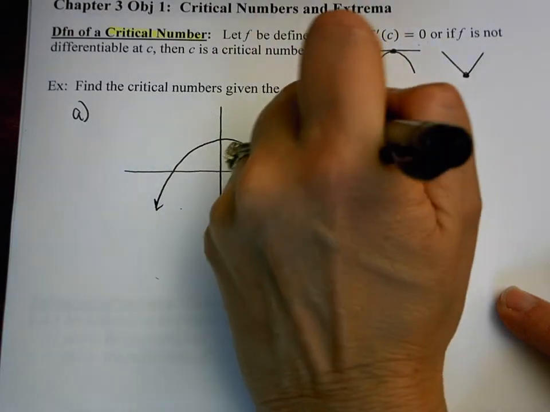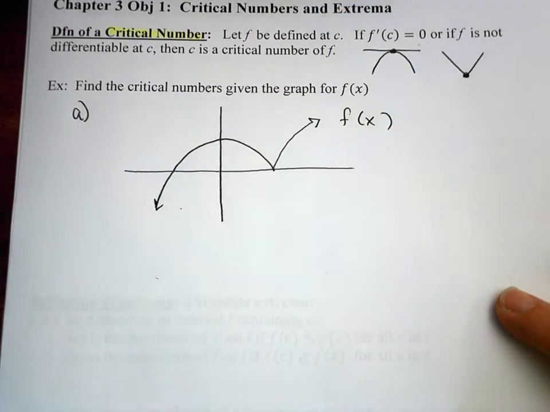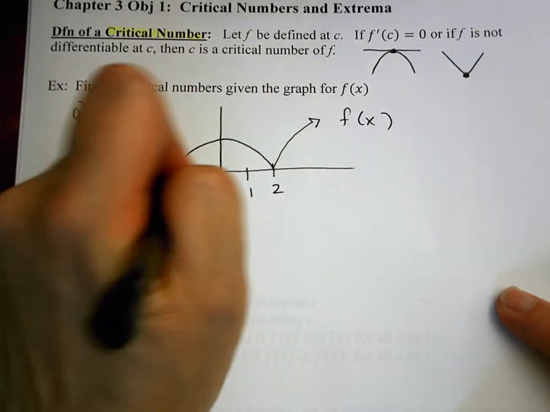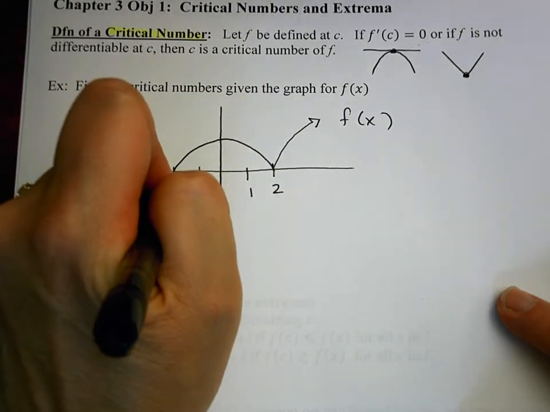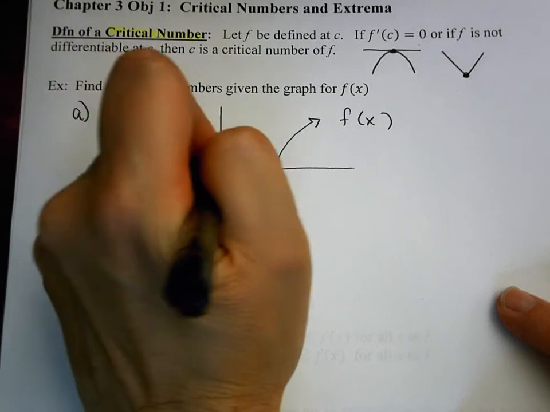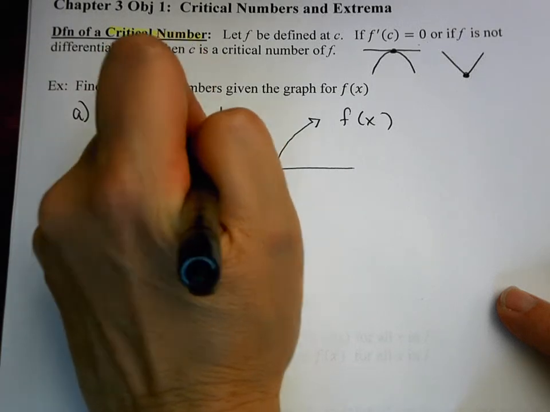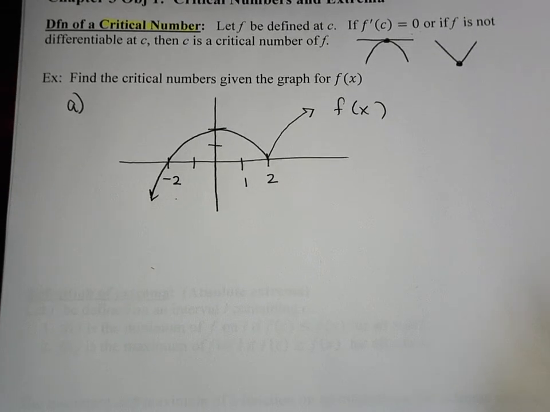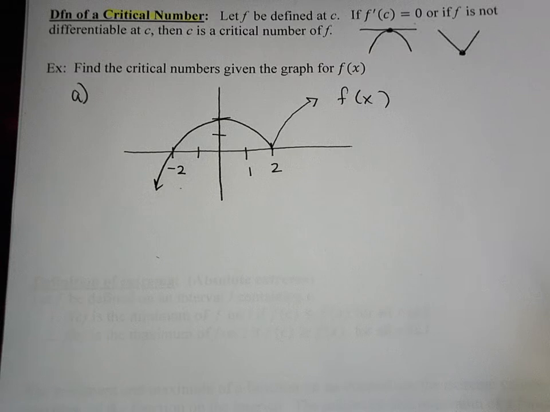This would be f of x. I'm going to have that turn at 2, and then the intersection here at negative 2, and we'll count up to positive 2 there.